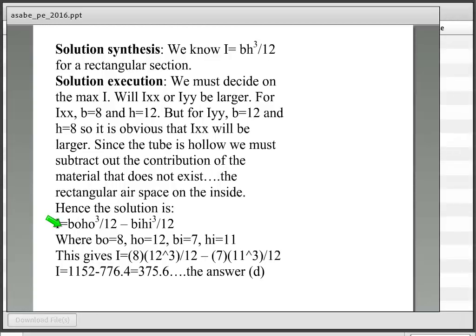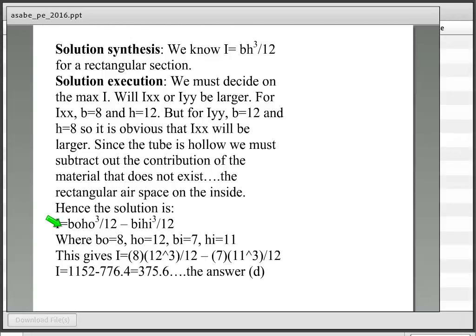And so for the hollow tube, we would simply apply the outside dimensions minus the inside dimensions. bh cubed over 12 using the outside dimensions minus bh cubed over 12 using the inside dimensions. So we've got 8 and 12, and we've got 7 and 11 because of the 1/2 inch wall thickness. This gives us a net area moment of inertia of 375.6.